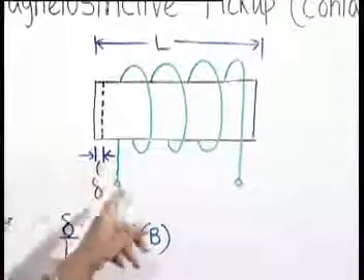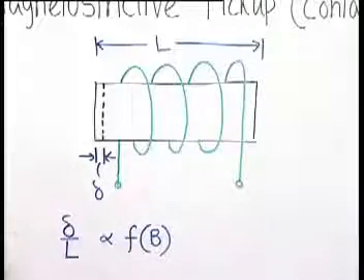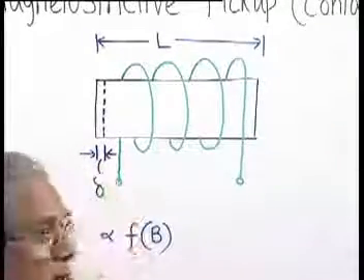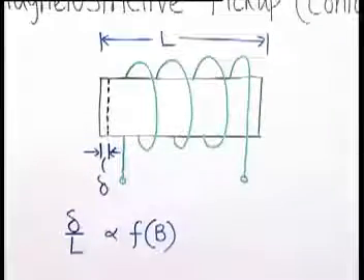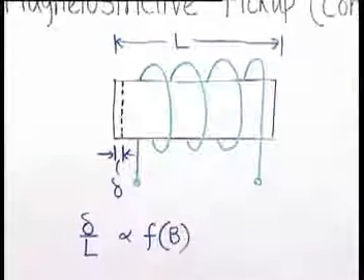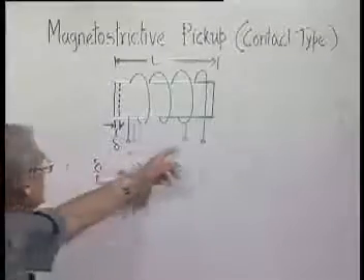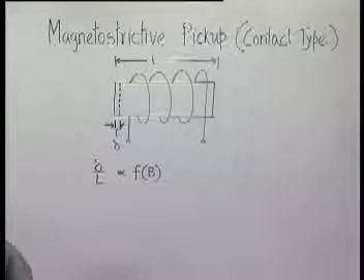When we supply an alternating current, the magnetic field in the object fluctuates with time, and therefore the length of the object will also vary, though the amount is extremely small, in the micron range. But still it can produce a sound. And this phenomenon, where a magnetic field produces a strain, is called magnetostriction.